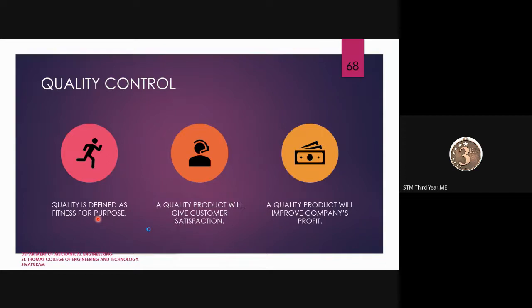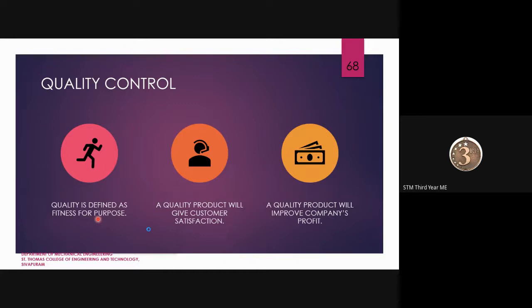If it is a reliable product, obviously it will have good quality. So that quality is ensured, and we control that quality on the basis of various productivity measures, which we will be learning in the following modules. Under that itself, quality deals with the fitness for the purpose.